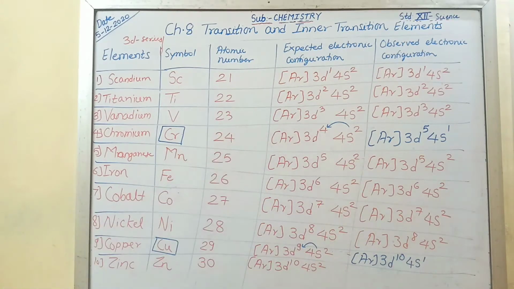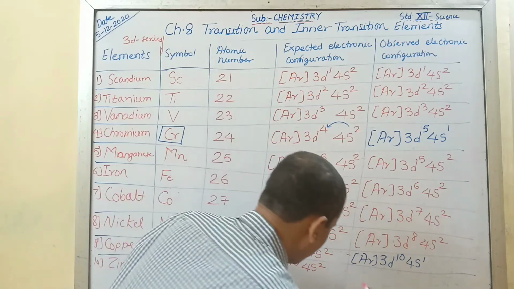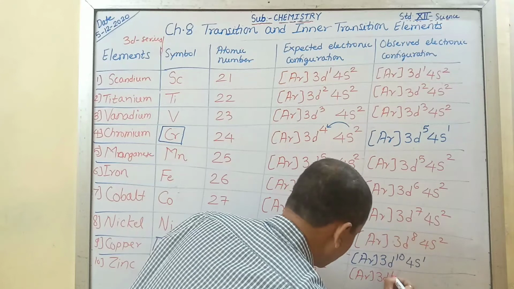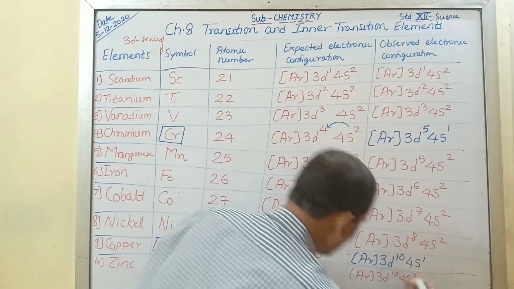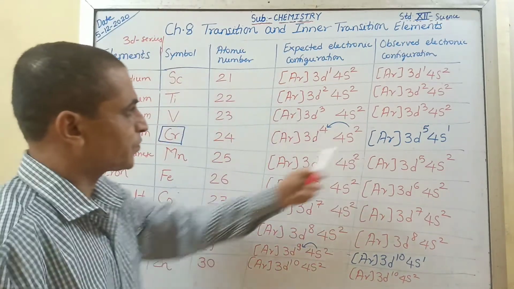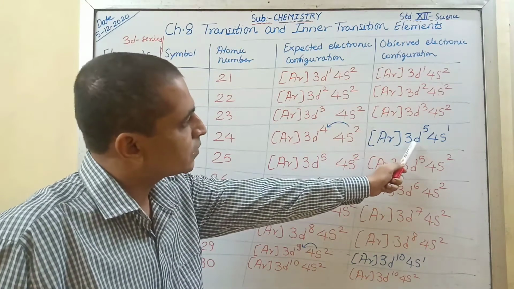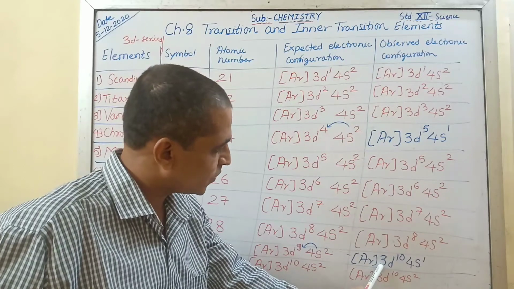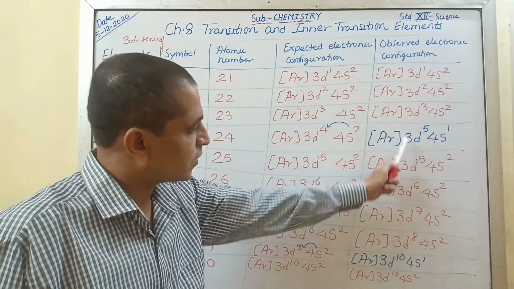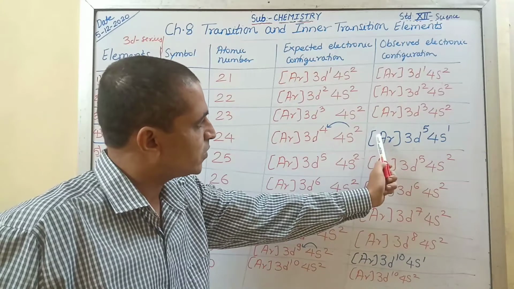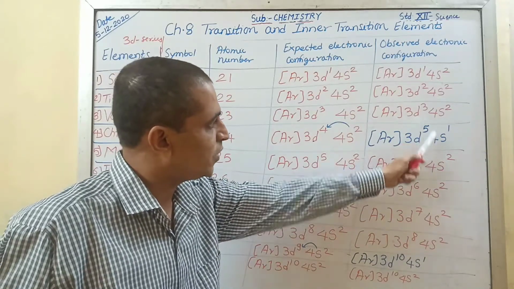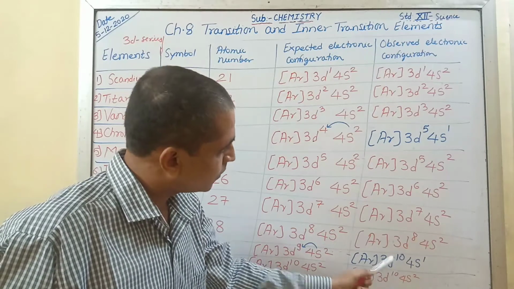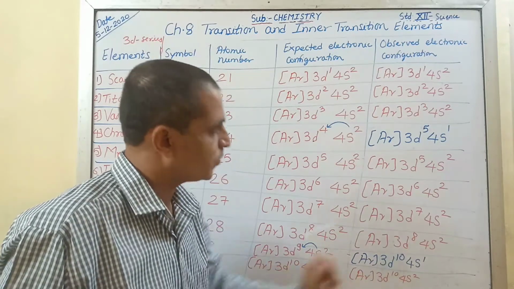And the last element, zinc, is Ar 3d10 4s2. Now see, for chromium it is 3d5, and for copper it is 3d10. That means they are stable. The extra stability is provided by a half filled d orbital for chromium, and for copper by a completely filled d orbital.